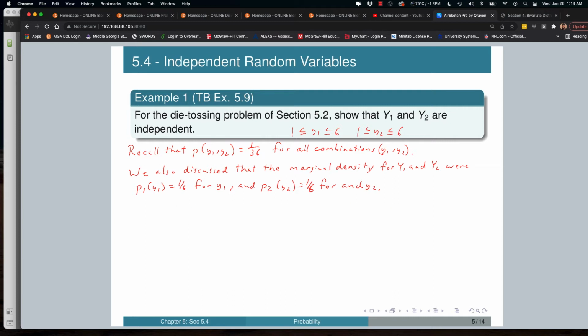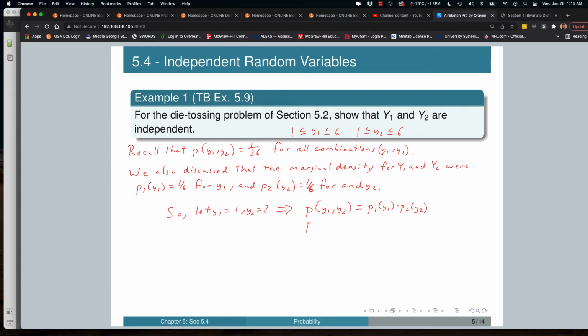So let's just take an example here. So say we let y sub 1 equal 1 and y sub 2 equal 2. So rolling a 1 on the first die, a 2 on the second. That implies that, if we take the definition of the theorem, the previous theorem on the slide before, p of y sub 1, y sub 2 for this to be independent has to equal p sub 1 of y sub 1 times p sub 2 of y sub 2, right?